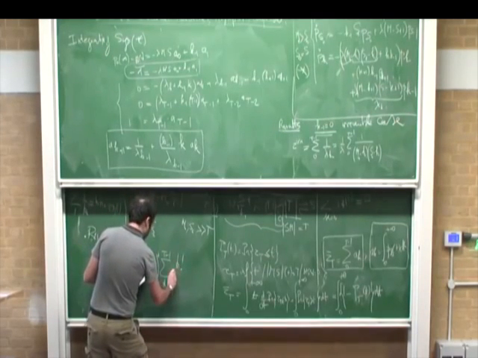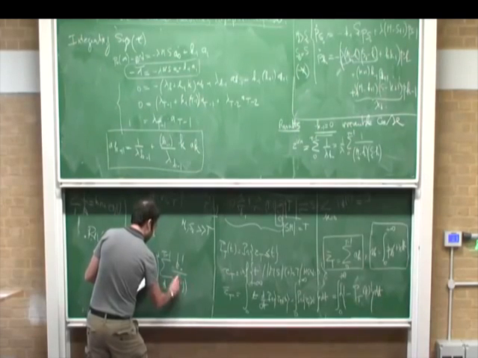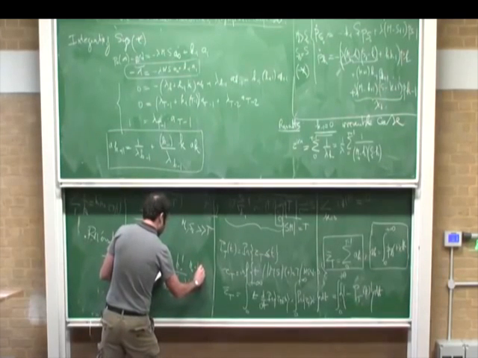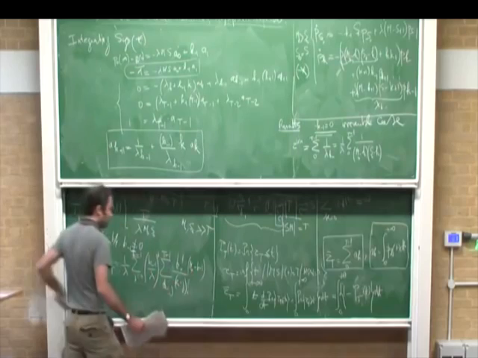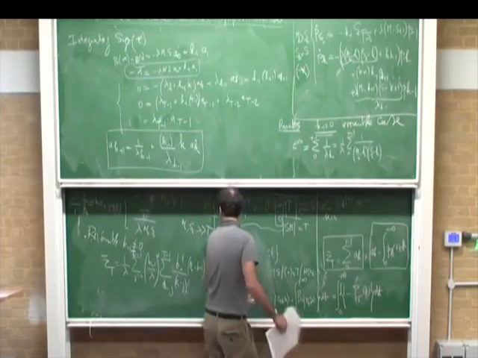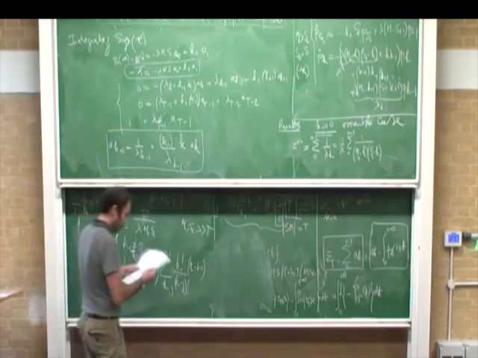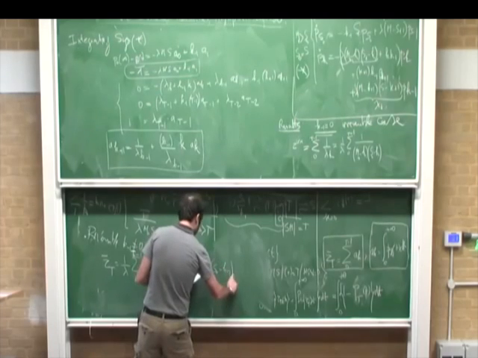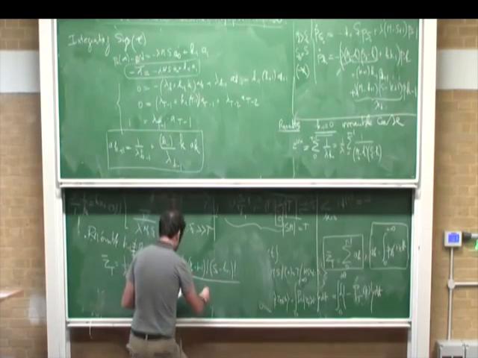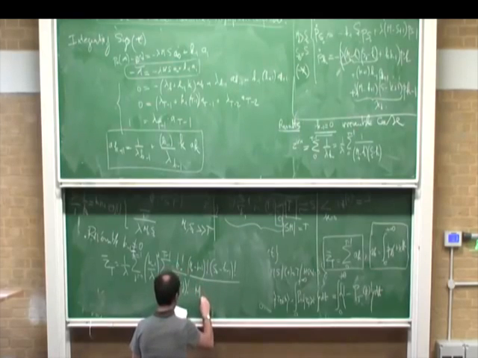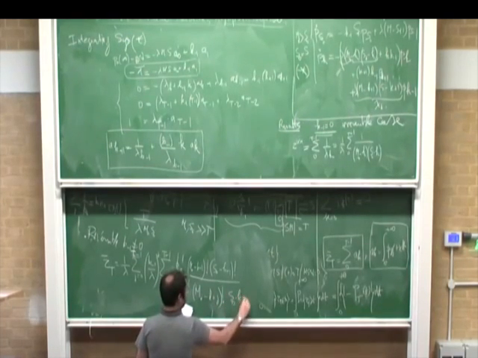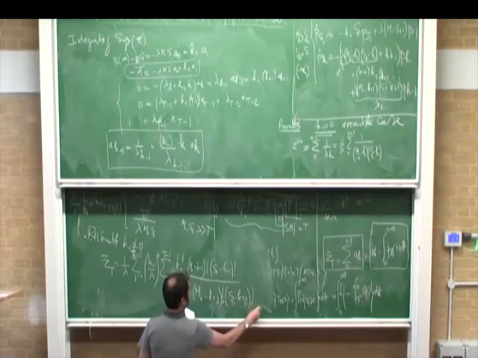factorial (k minus j), (m0 minus k minus 1) factorial, (s0 minus k minus 1) factorial divided by (m0 minus k plus j) factorial, (s0 minus k plus j) factorial.